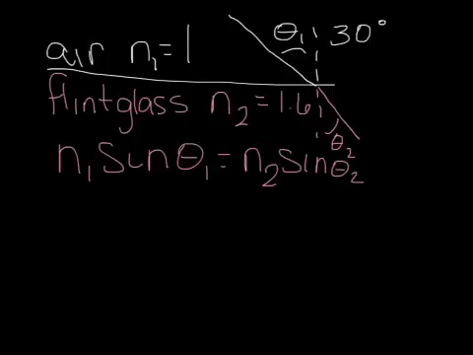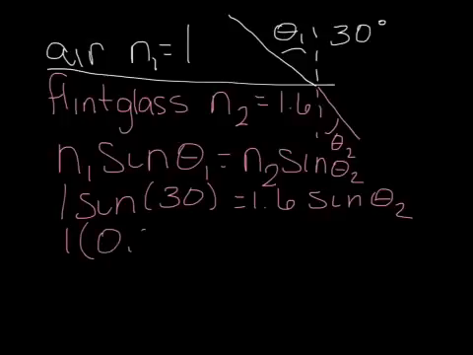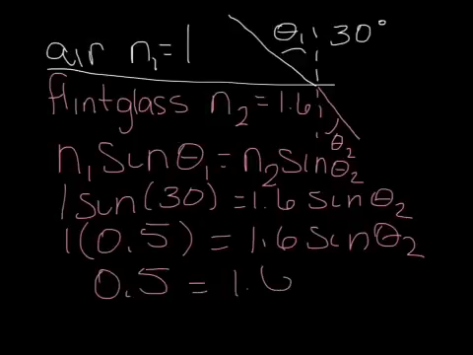Put in our numbers. We know 1 times the sine of 30 has to equal 1.6 times the sine of theta 2. Well, the sine of 30 is 0.5, so this is 1 times 0.5 has to equal 1.6 times the sine of theta 2. 1 times 0.5 is 0.5, so 0.5 is equal to 1.6 sine of theta 2.